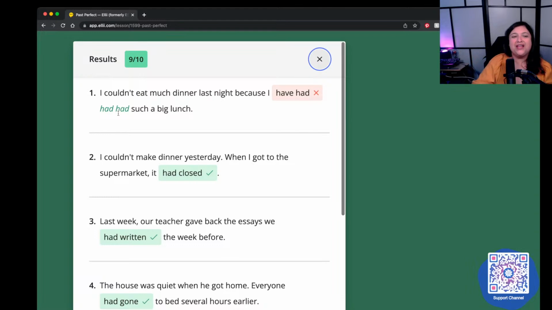I know it looks wrong because we are essentially repeating a word, but nonetheless, had is part of the sentence pattern for the past perfect, and had is also the past participle of the verb to have.